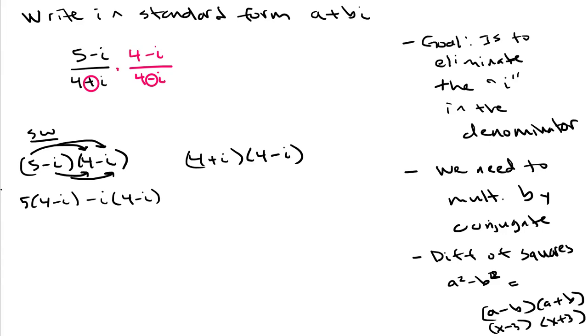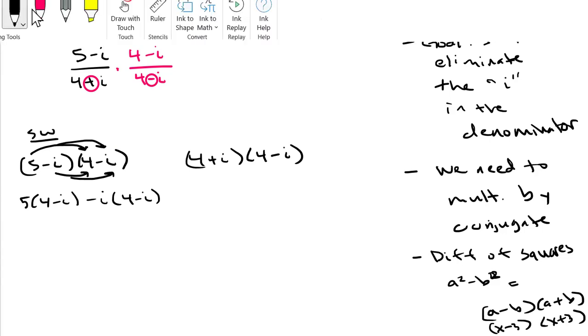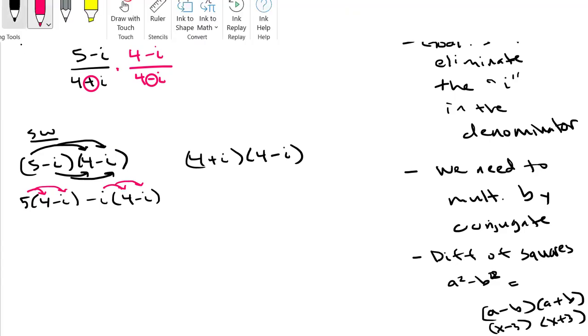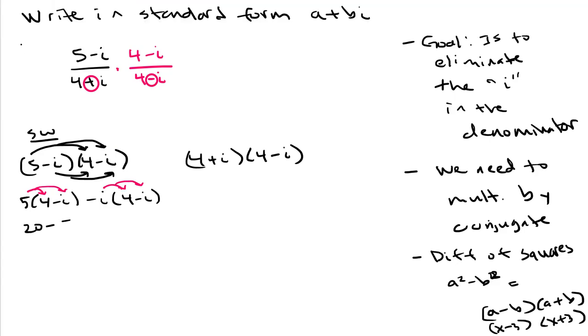So now I'm going to distribute. I'm going to multiply this by 5, and this by i. So I get 20 minus 5i minus 4i, and then negative times negative gives me a positive i squared. Remember, i squared is the same thing as negative 1. Then I combine these: negative 5i minus 4i is negative 9i.